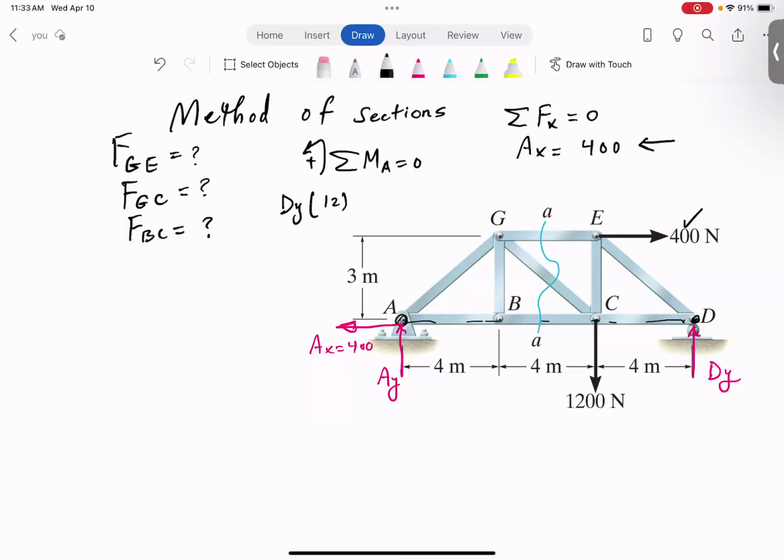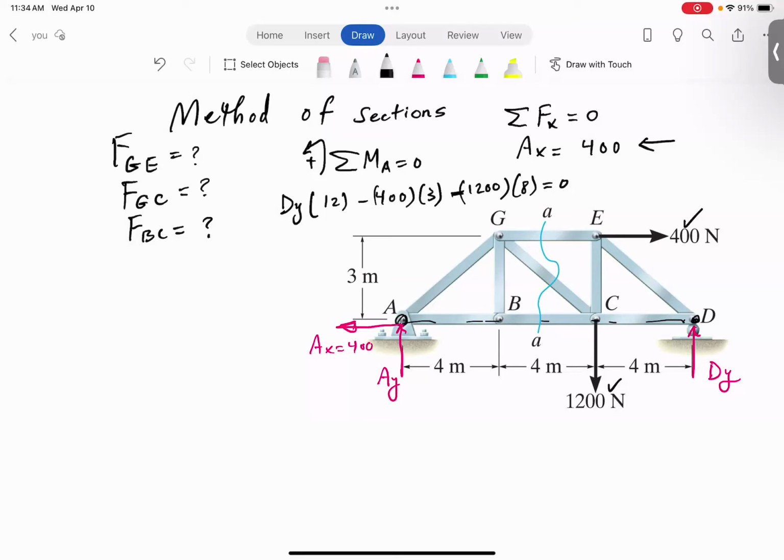Going positive, because I pick counterclockwise to be positive. And then I have two forces, moment of 400 going negative, 400 times 3. And then moment of this 1200 times 8 also going negative. So we have 9600 and 1200.